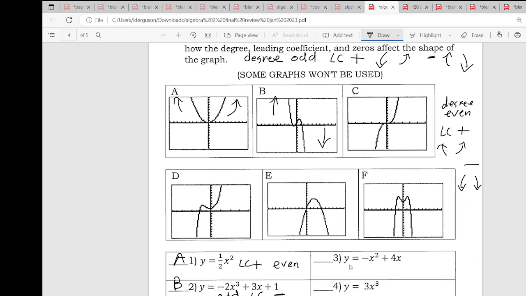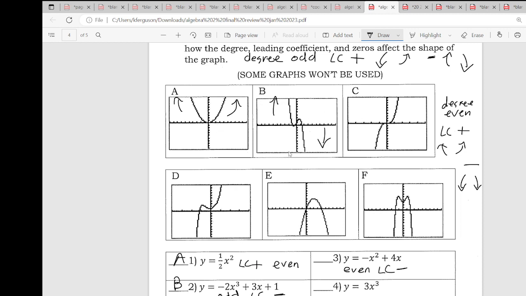So then what about number 3? What is the degree? That is an even degree. And then what is the sign of the leading coefficient? It's negative. So even and negative, I start down and end down.